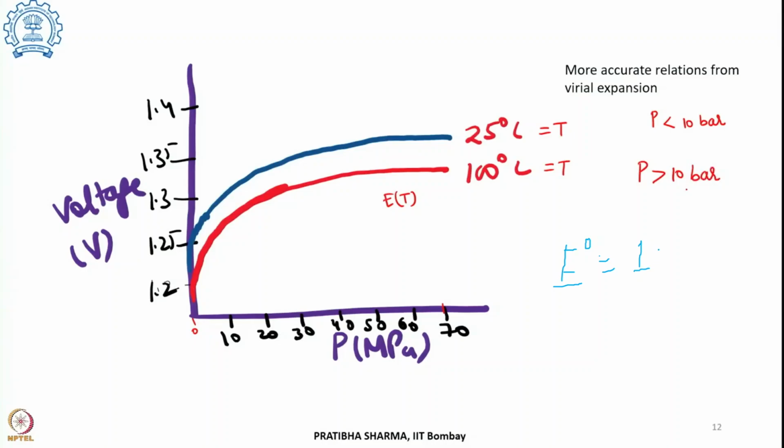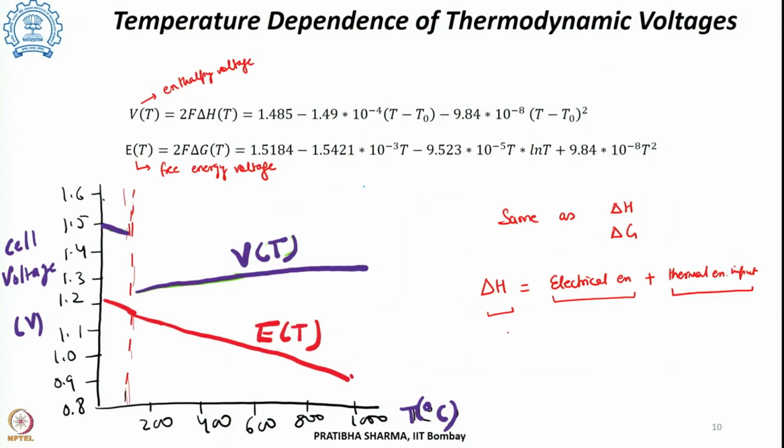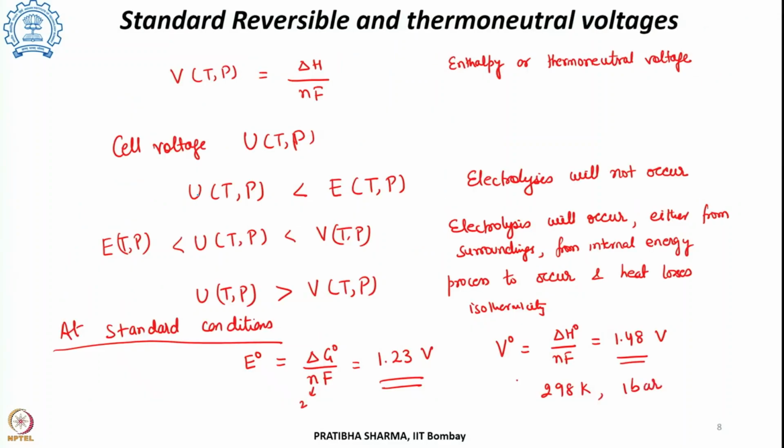What is the minimum water dissociation voltage? At reversible condition, 1.23 volt. And another one is the thermoneutral voltage. This thermoneutral voltage is 1.48 volt. You have to remember.